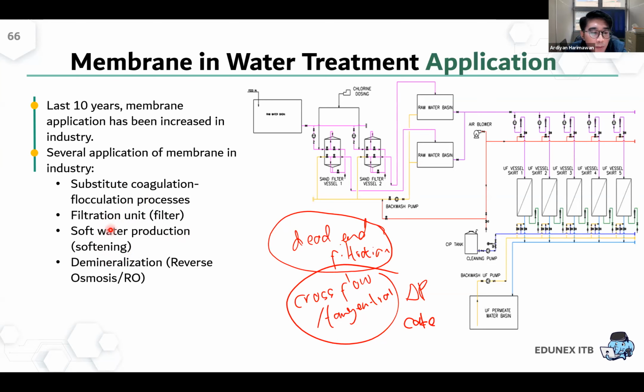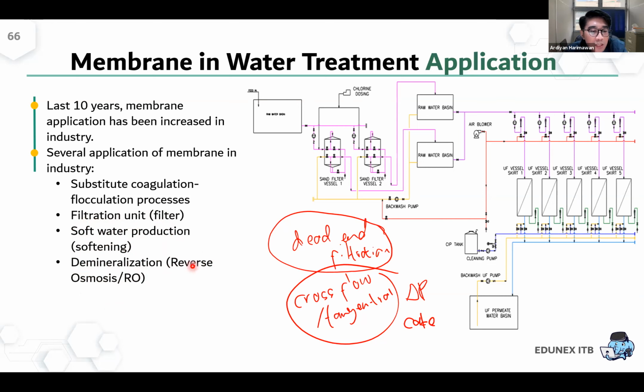So with the membrane, you can reduce either the suspended solid or the dissolved solid in the softening process. And of course, now membrane is widely used for the demineralization process. It can completely reduce all the minerals, eliminate the minerals contained in the water.